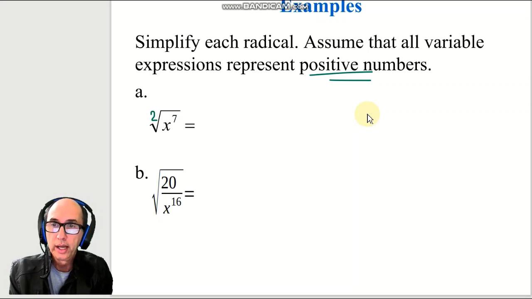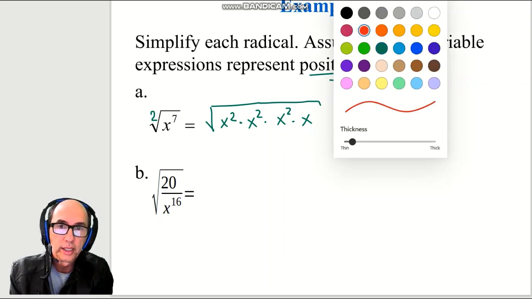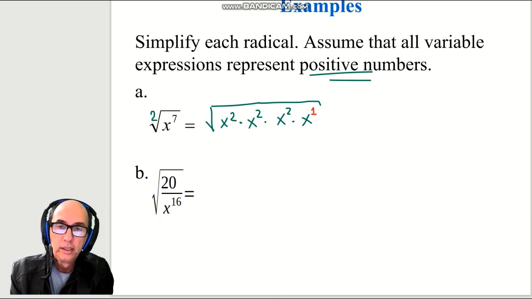We can break it down, and we don't need to write the index, we know it's 2, right? x squared times x squared times x squared times x. Remember that the power is invisible, it is 1, right? So we have an invisible 1 here.